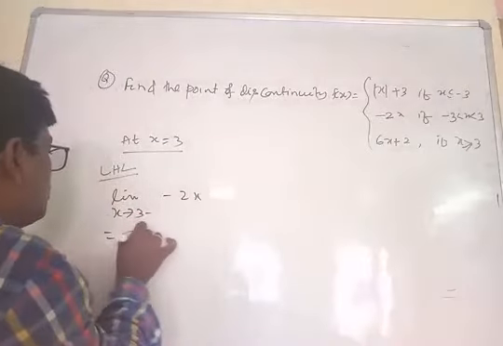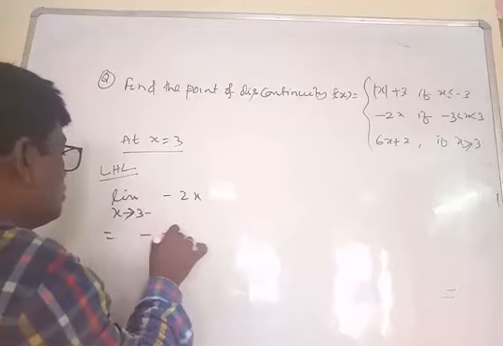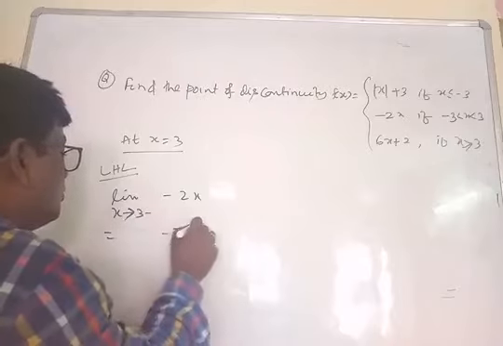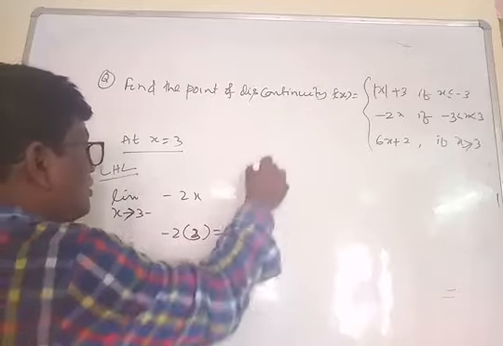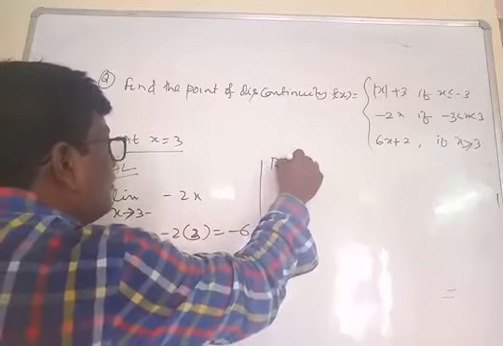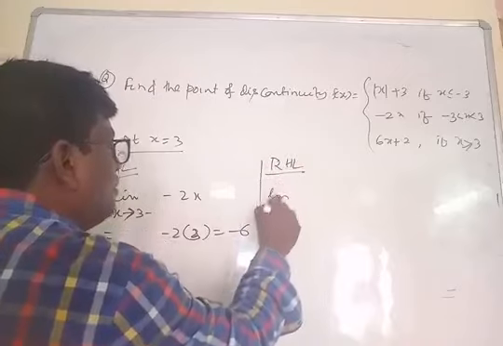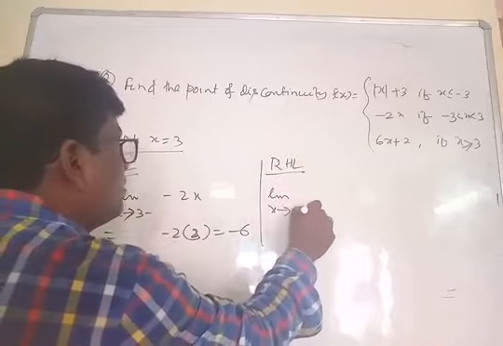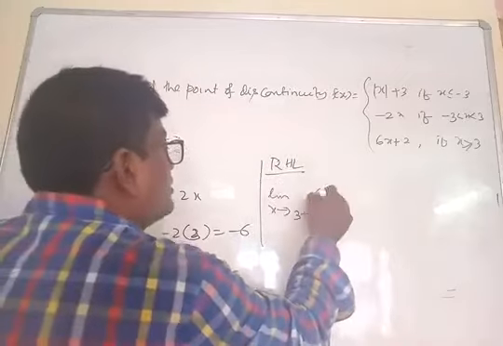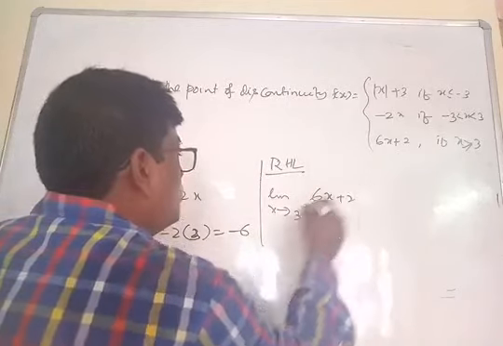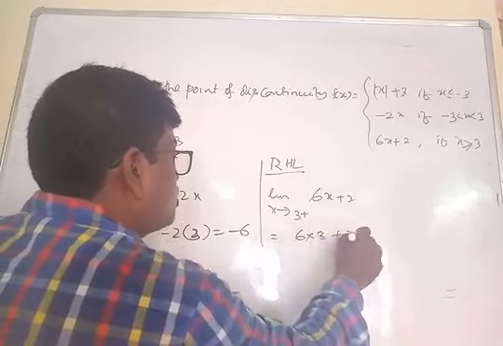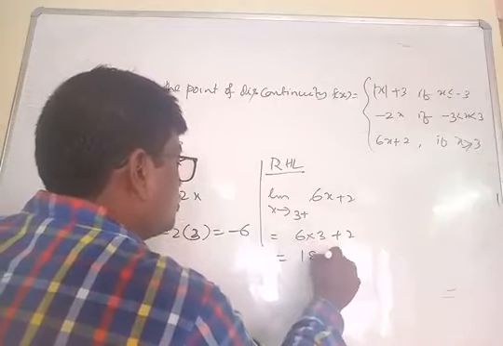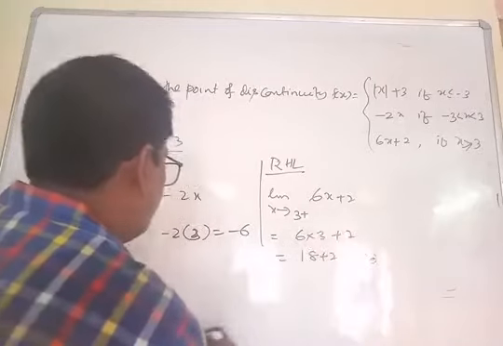So this is equal to minus 2 into 3, which is equal to minus 6. RHL, limit x tends to 3 plus, greater than 3 means 6x plus 2. This is equal to 6 into 3 plus 2, 18 plus 2, which is equal to 20.